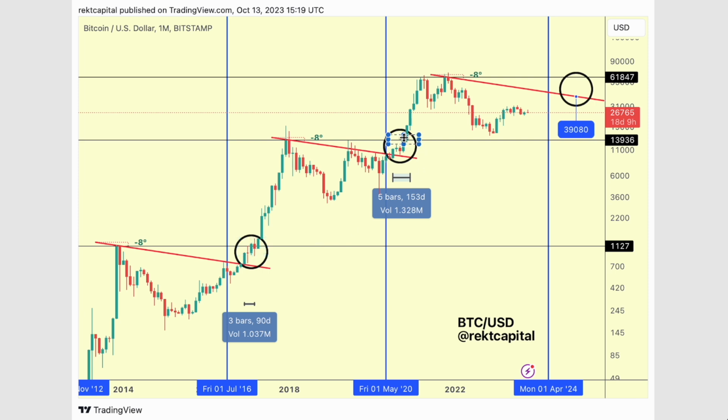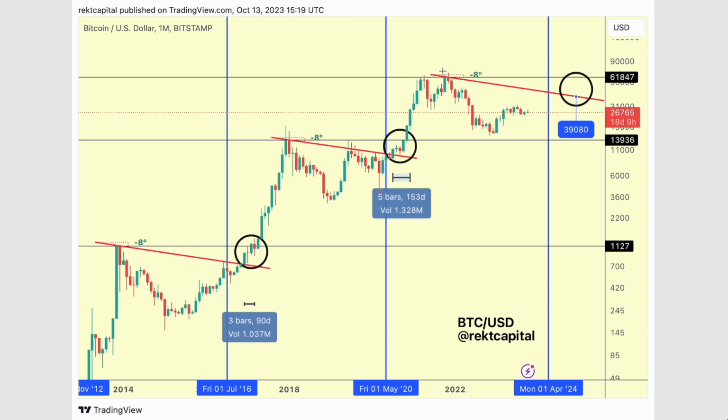Here we didn't really see much reaccumulation. We just rallied to new all-time highs and that was it. So any sort of reaccumulation at around these highs, that's probably going to be that final signal before breaking to new all-time highs and beyond.